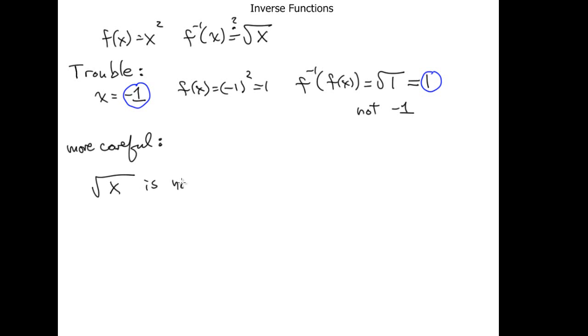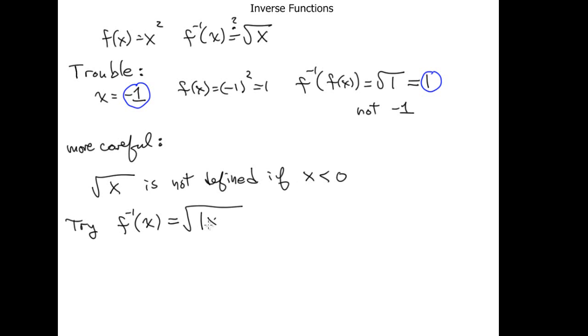Okay, let's be a little more careful. Another point that I glossed over is that square root of x is not defined if x is less than 0. So f inverse of x equal to square root of x is a problem already. So to be more careful, let's say f inverse of x is the square root of the absolute value of x. Now, since the absolute value of x is greater than or equal to 0, that's okay, and we're taking the non-negative square root.